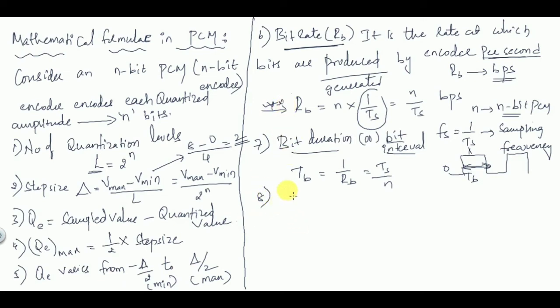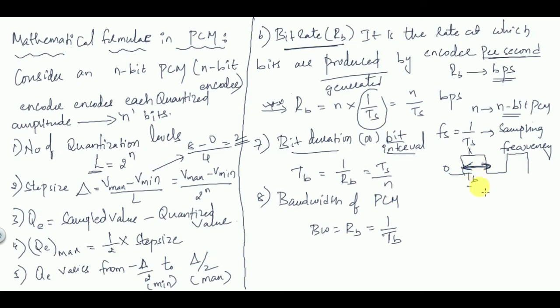Next, the last point here is bandwidth. Bandwidth of PCM is equal to RB, which is equal to 1 by TB. Bandwidth means the duration of each bit, that is the frequency of each bit.